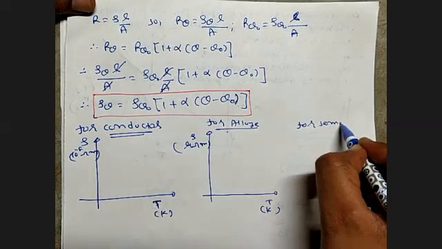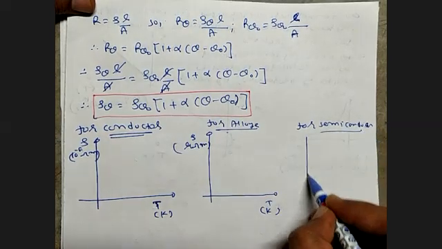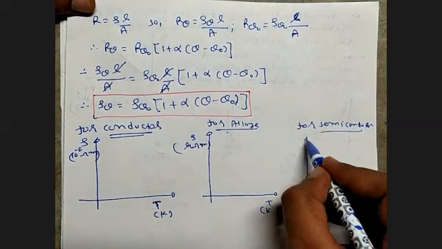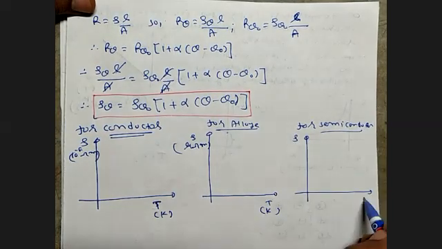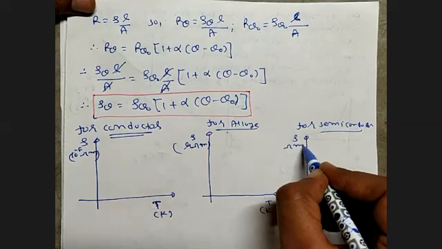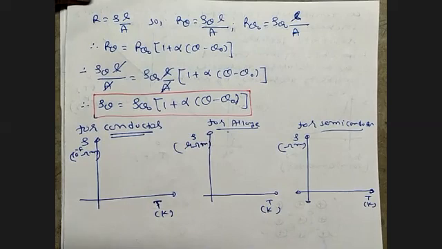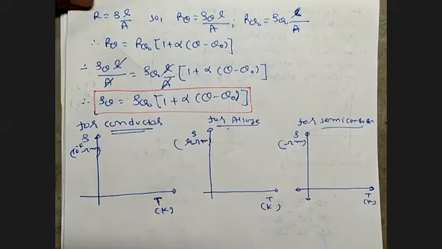For a semiconductor, that is rho versus temperature T, and that is ohm meter. As previously we did this graph, once again we did it over here.